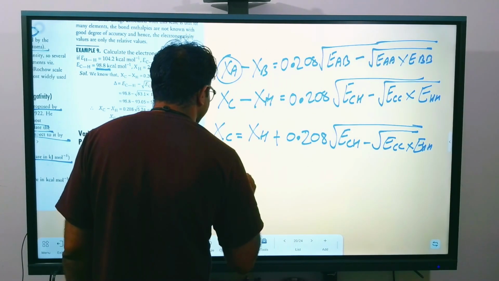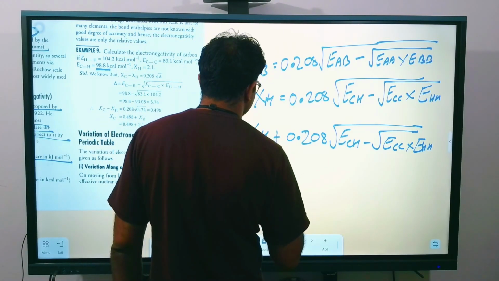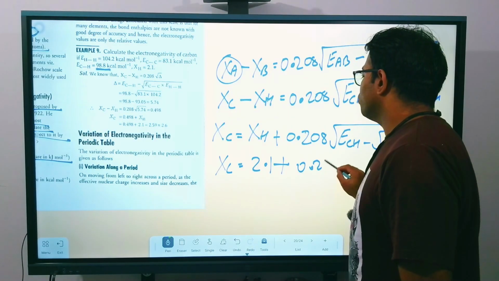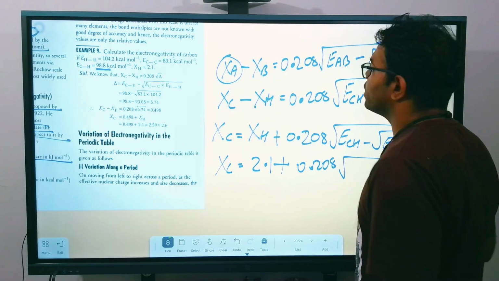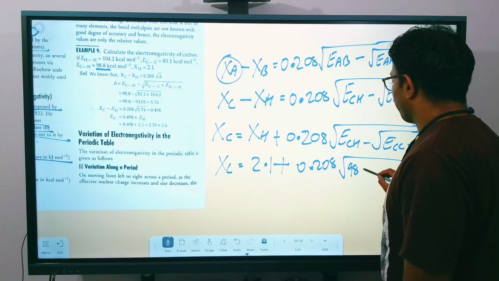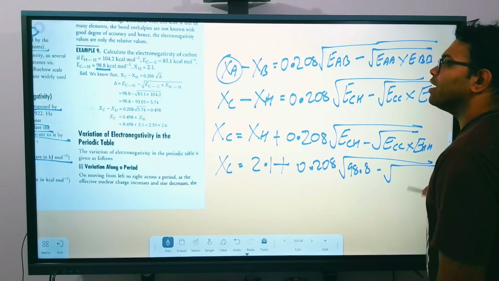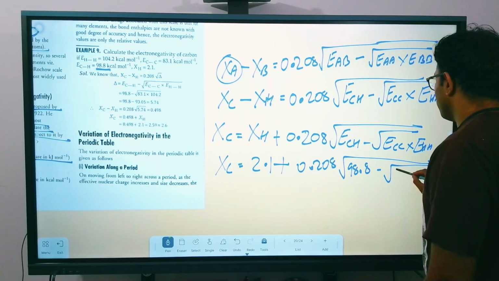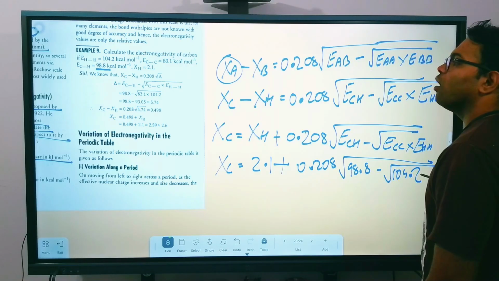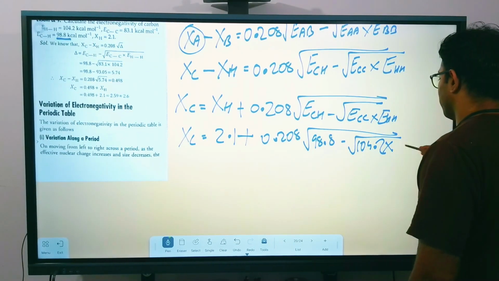So X of C is equal to what? 2.1 plus 0.208 root under, what is ECH? 98.8 minus root under 104.2 multiplied by 83.1.